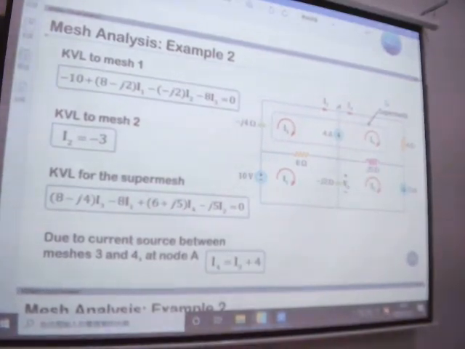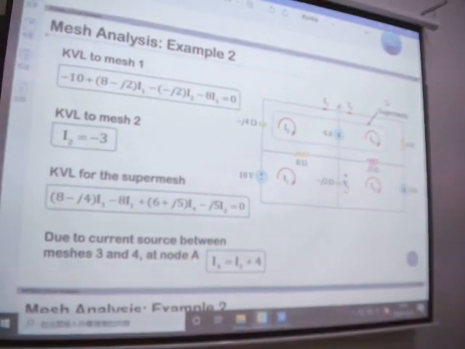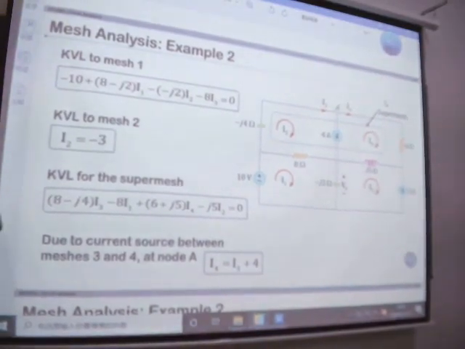It becomes an equation like this one. Then 2 more equations, I2 is minus 3, I4 minus I3.